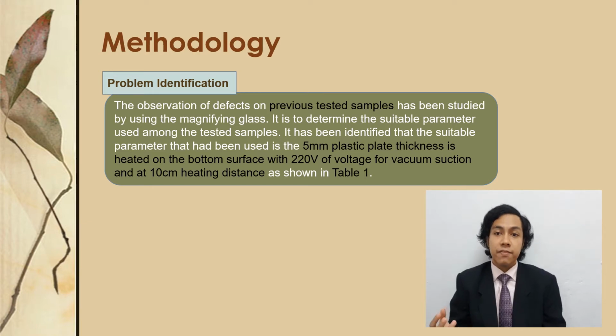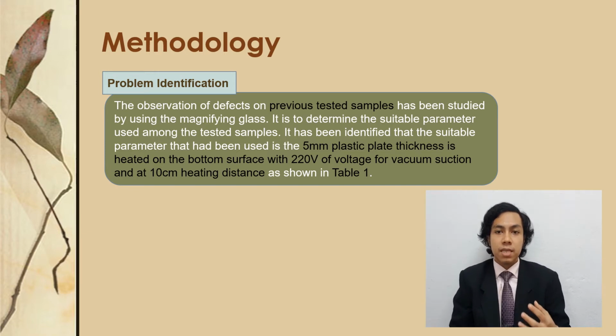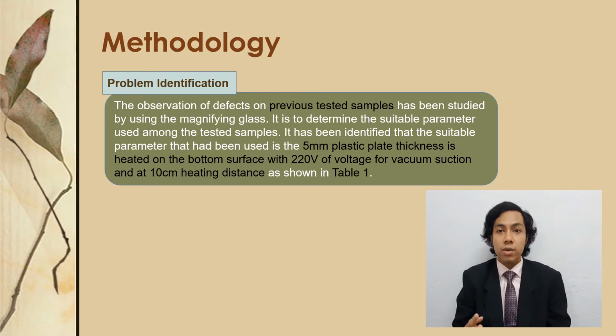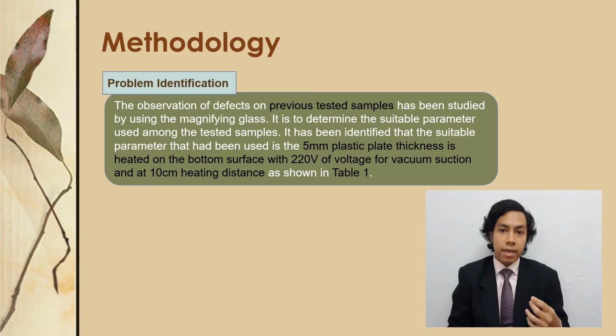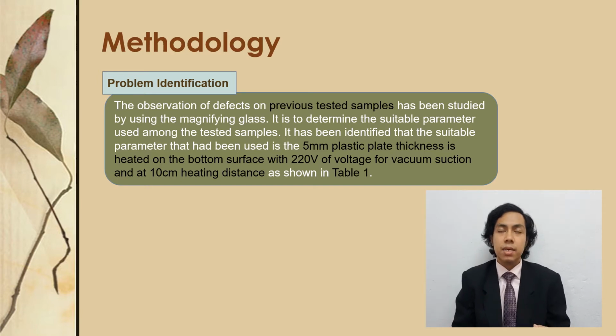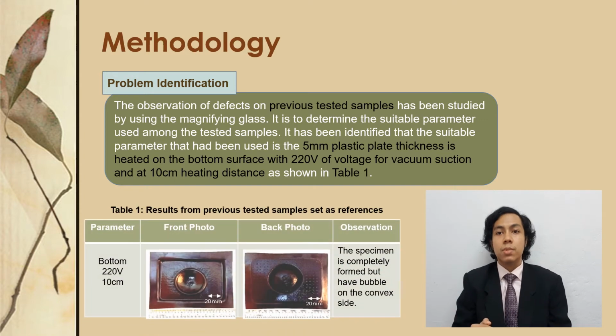It has been identified that the suitable parameter that has been used in the 5mm thickness plastic plate is heated on the bottom surface with 220 volt of voltage of vacuum suction and at 10 centimeter heating distance as shown in table 1. Based on the table 1, it can be observed that the specimen is completely formed but has bubbles on the convex side.